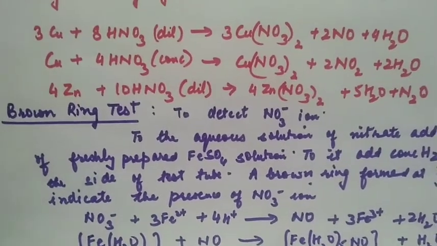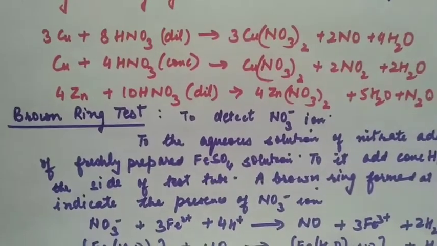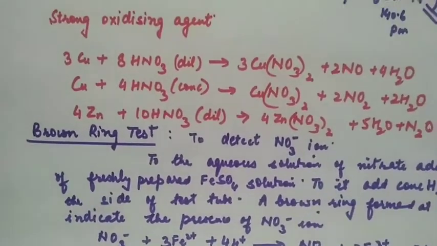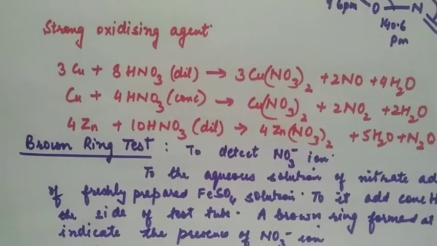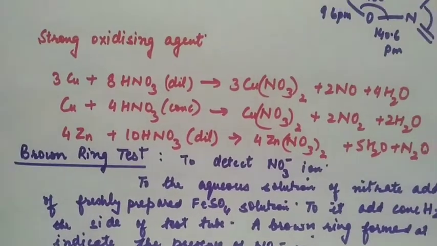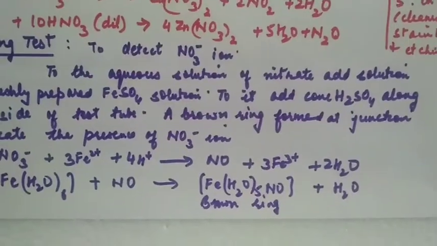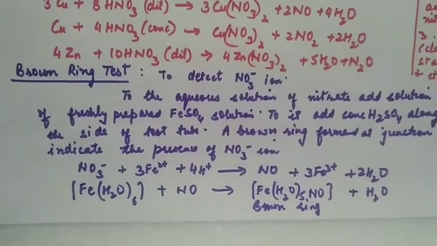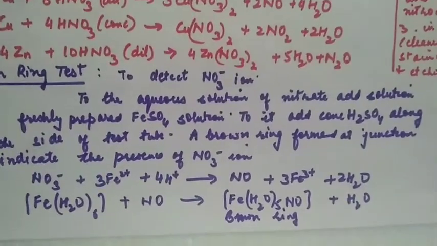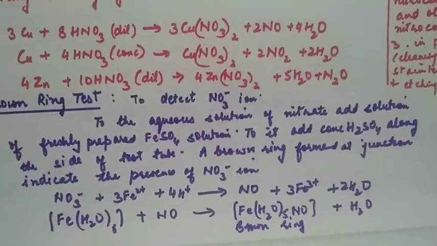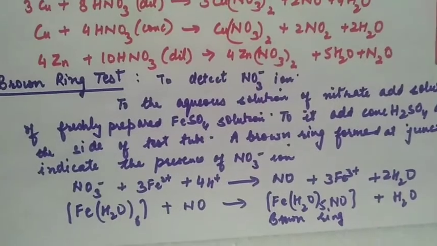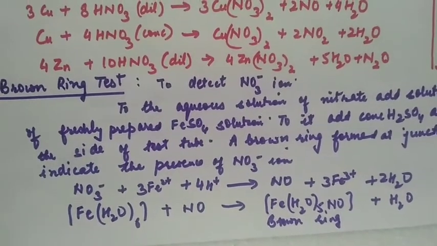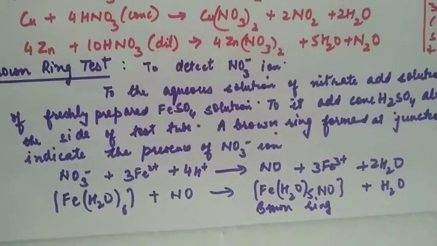A very prominent test that is conducted to detect nitrate ions is called the brown ring test. To the aqueous solution of nitrate, freshly prepared ferrous sulfate solution is added, and to it concentrated sulfuric acid is added carefully along the sides of the test tube.